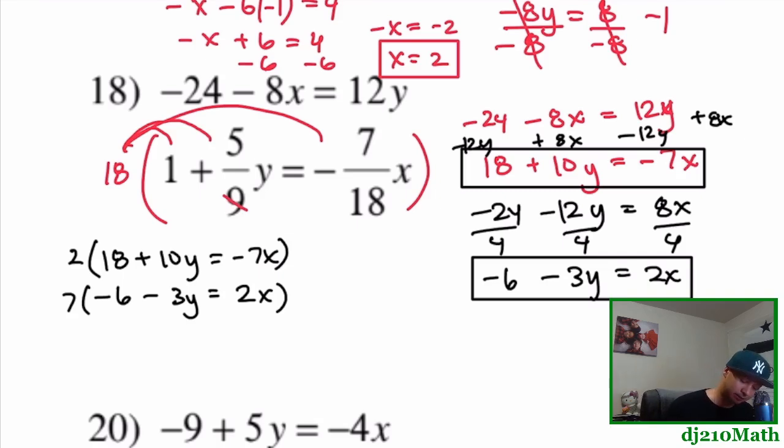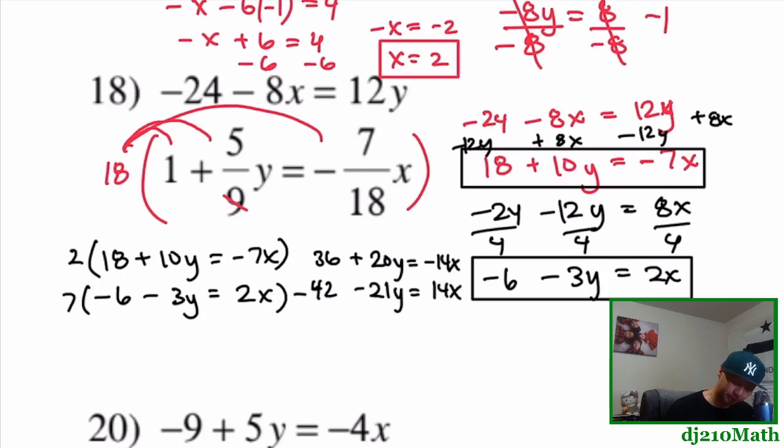I like single digits. So this is going to be 2 times 18, which is 36, plus 20y equals -14x. And in the bottom, -42, -21, and then +14x.